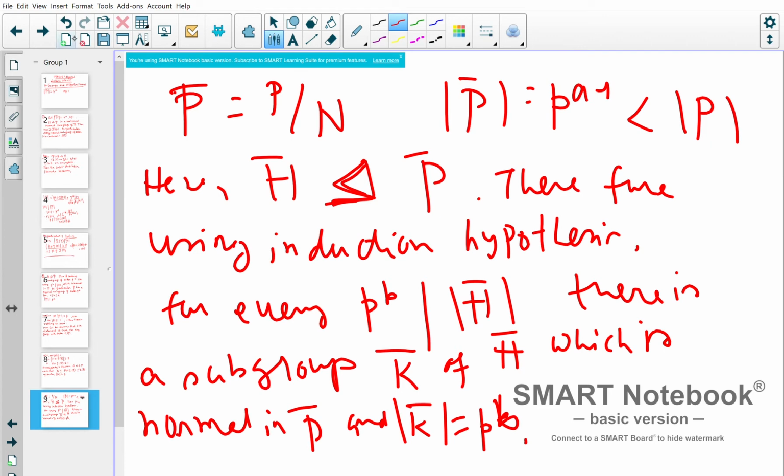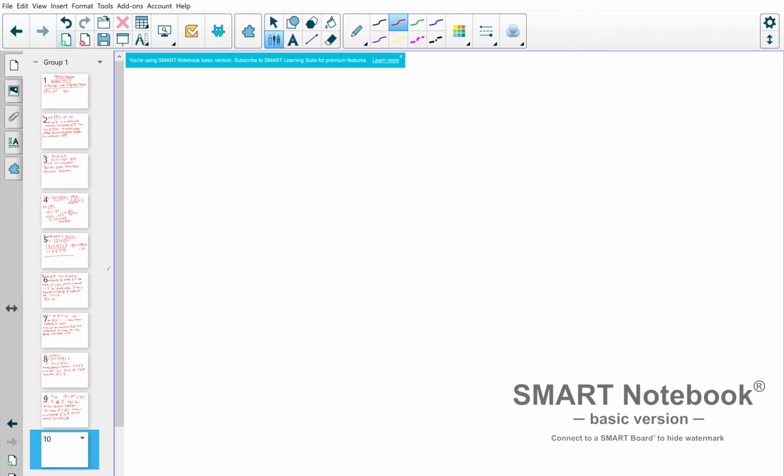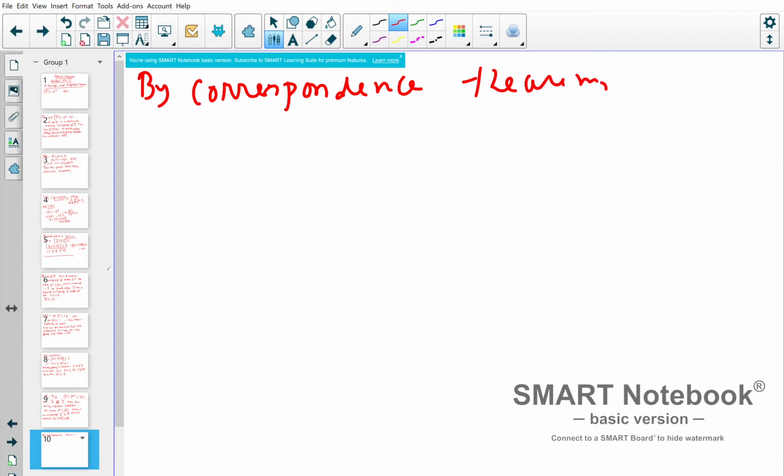But you remember the fourth isomorphism theorem, or whatever, the correspondence theorem. By the correspondence theorem, you remember there is a one-to-one correspondence between the subgroups of P mod N and the subgroups of P containing N, right?